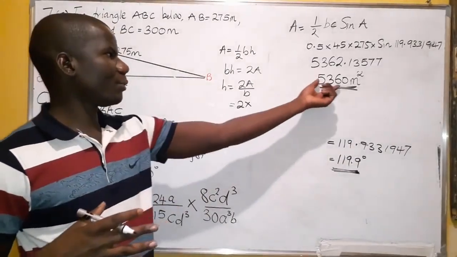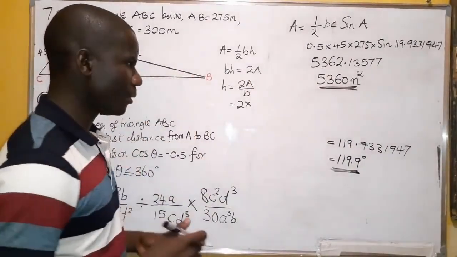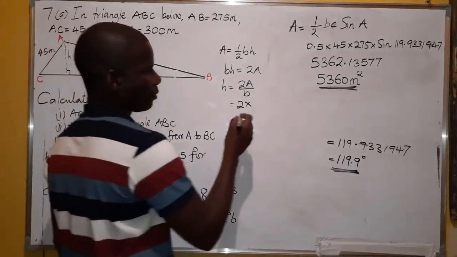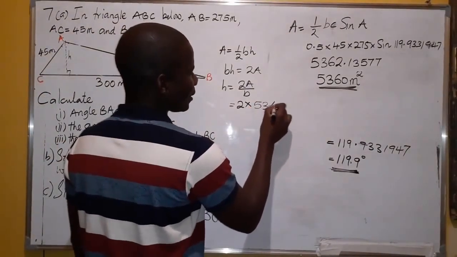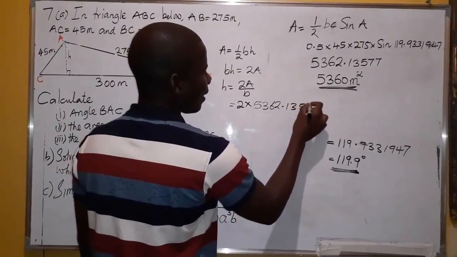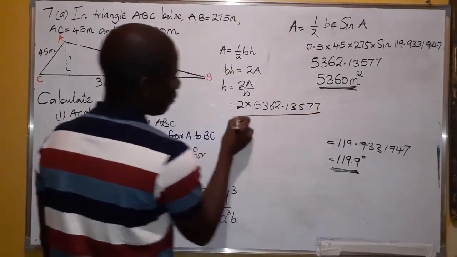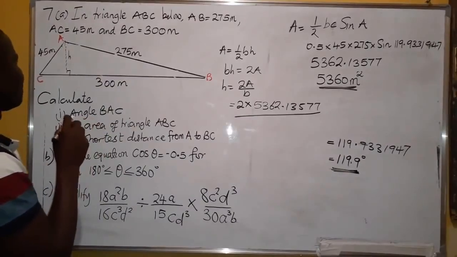Like if we get this one here, it's rounded off, and again here we have to round it off. So we keep on reducing the accuracy. So we'll get this one which is 5362.13577 over B, which is the base. Okay?